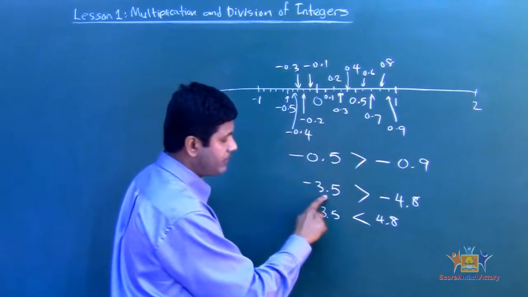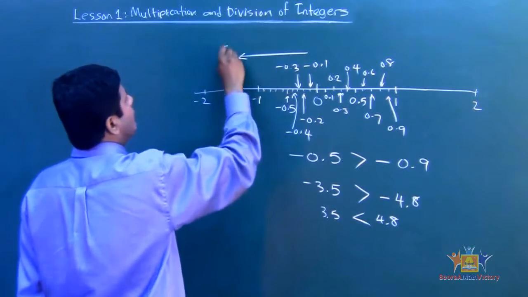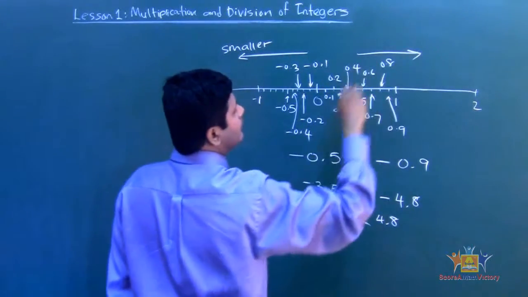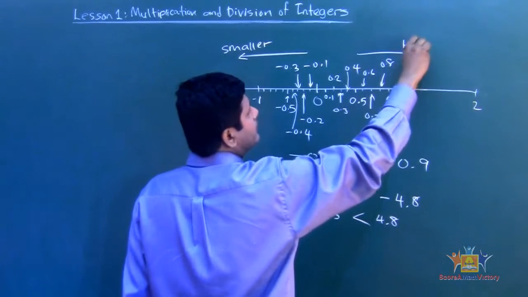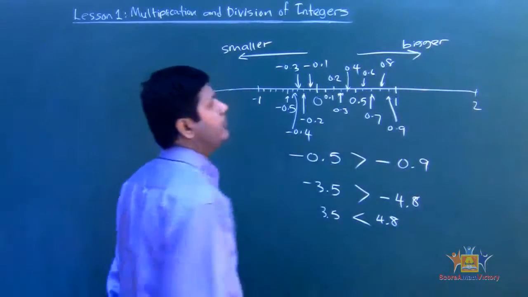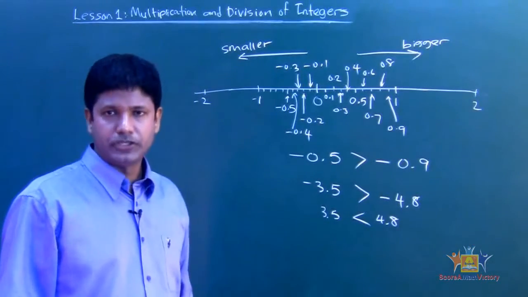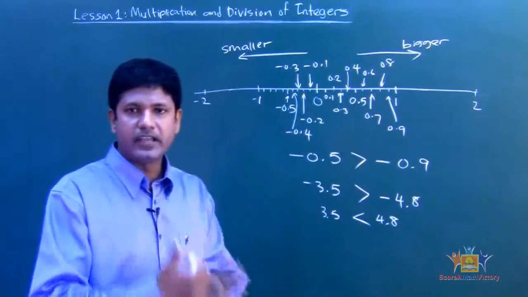This is bigger. See that? As you go this way, the number gets smaller. When you go this direction, the number gets bigger. Same principle that applies from what you learned in fractions. Keep in mind 0 is the center.